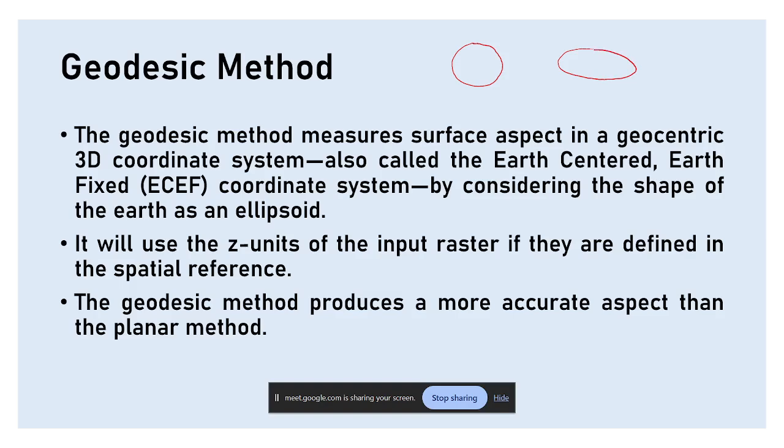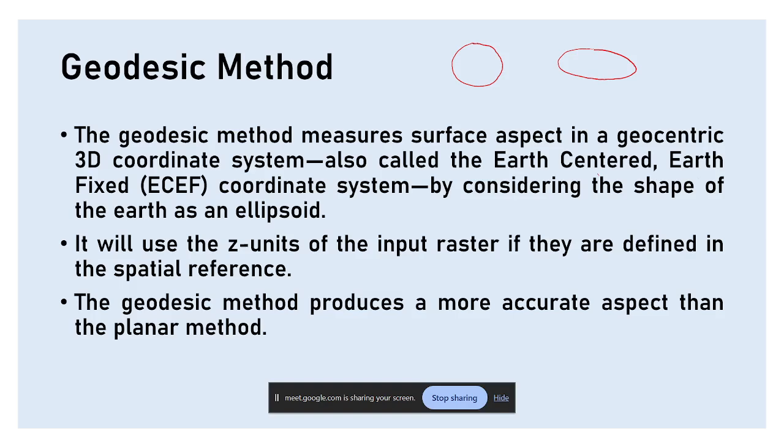So here in the geodesic method we make use of the geocentric 3D coordinate system known as the Earth-centered Earth fixed coordinate system, and we consider the earth's shape to be that of an ellipsoid. In this case, we will use the Z units, that is the height units of the input raster, if they are defined in the spatial reference.